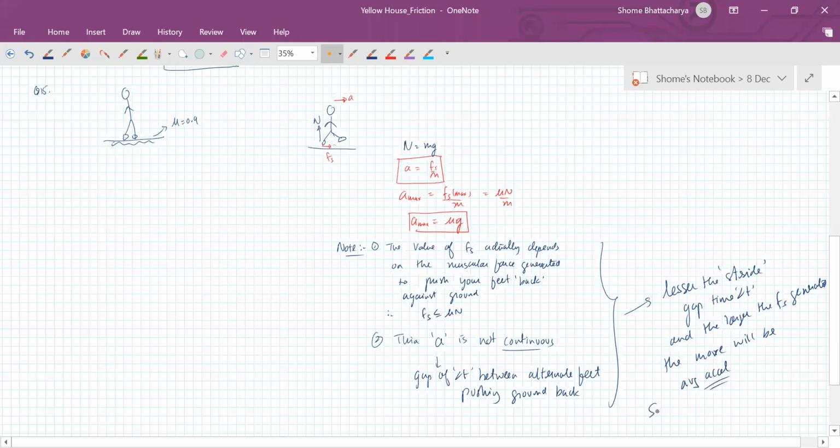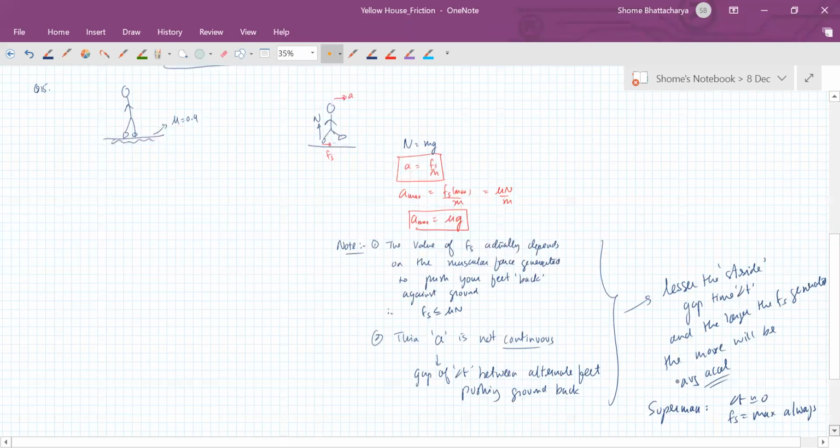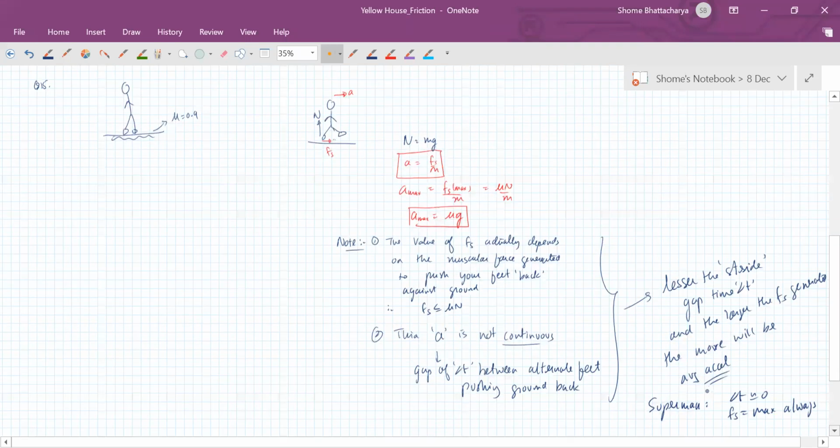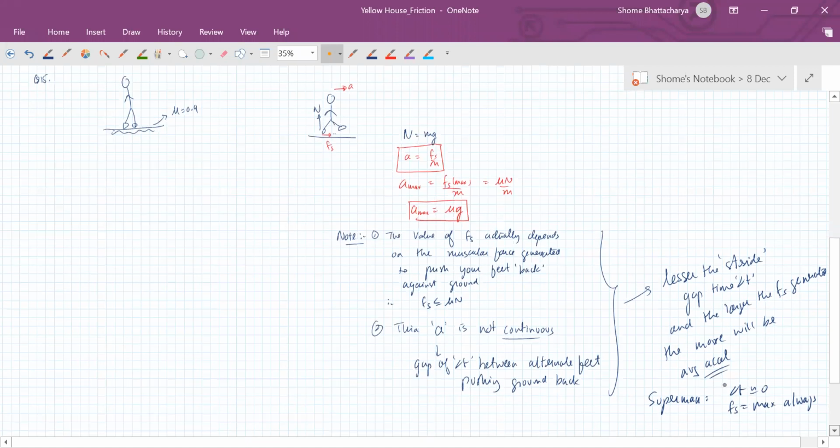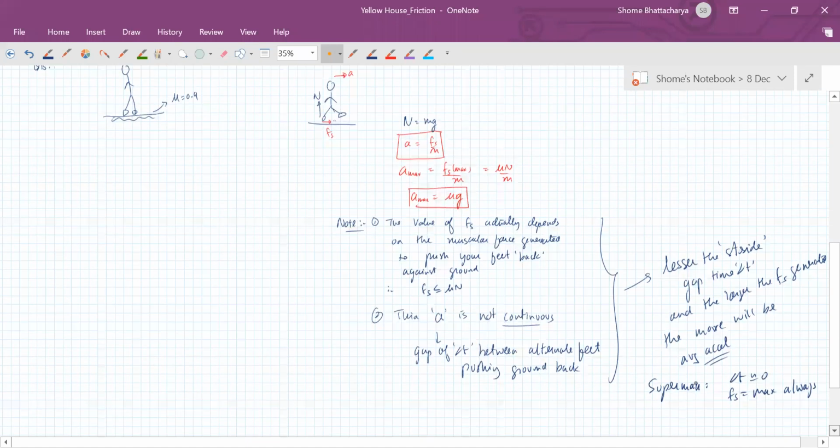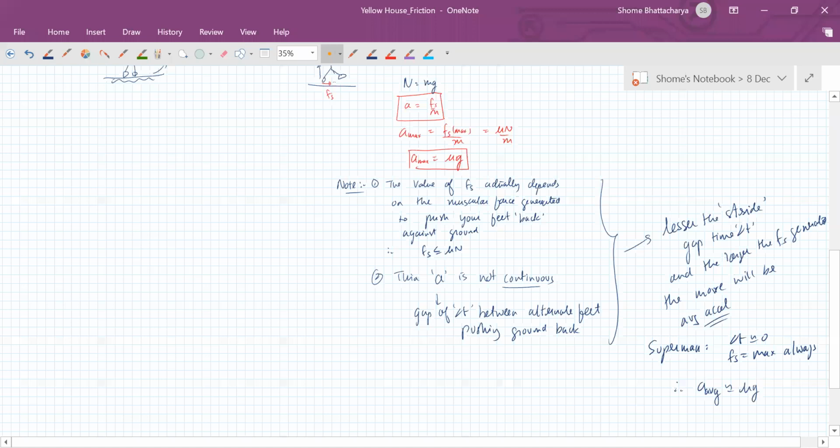So for Superman, who's superhuman, we'll say delta t tends to 0 and static friction is maximum always. So your average acceleration will tend to become mu g. So that's why.